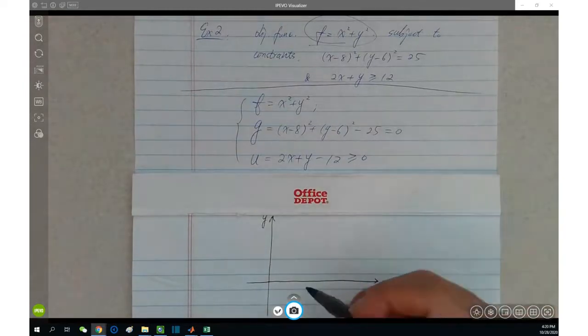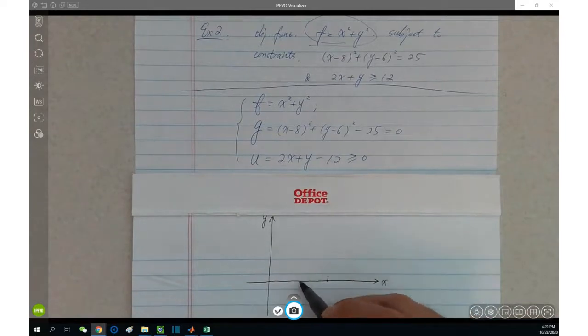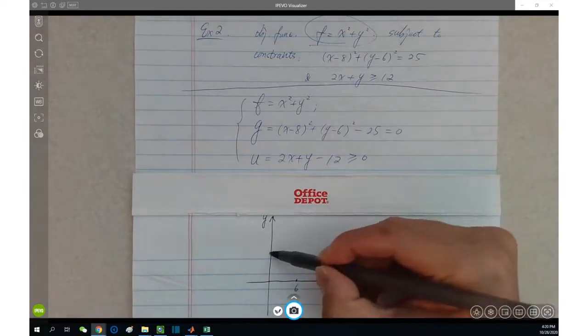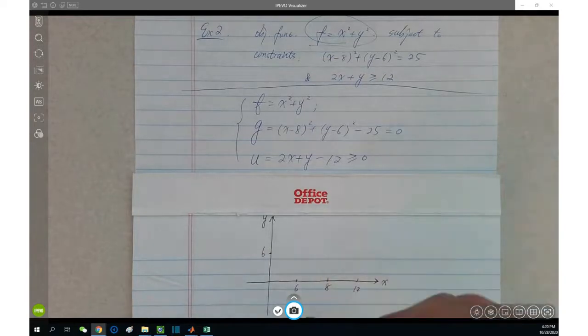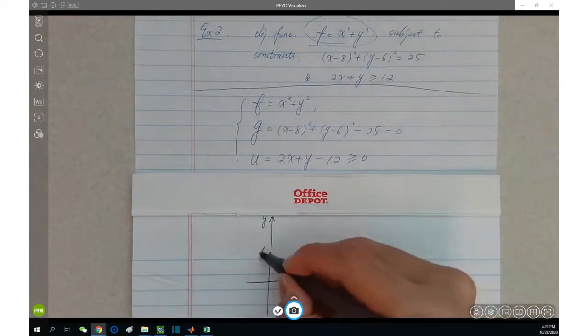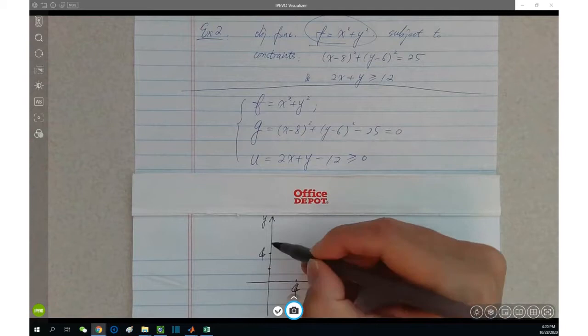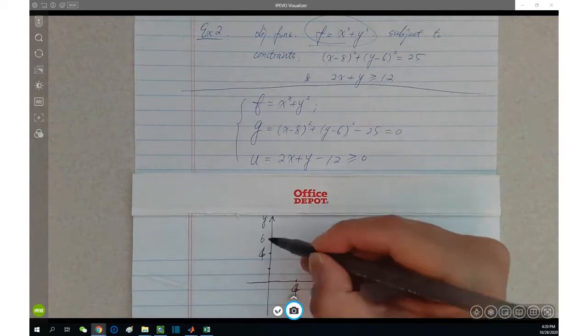Let's assume this is 8, and this is 12. 8, 6. I'm sorry, this is a 4. This is 6, 2, 0.